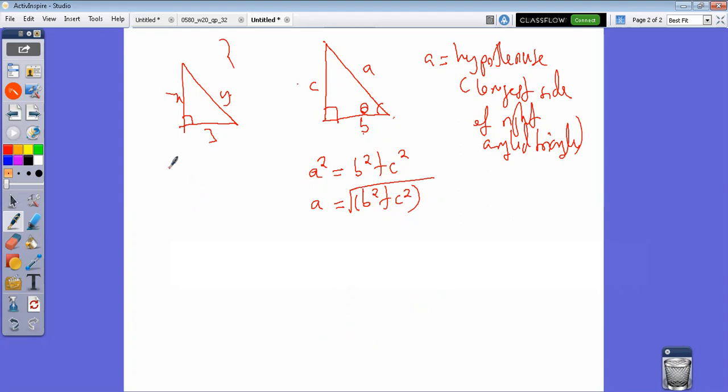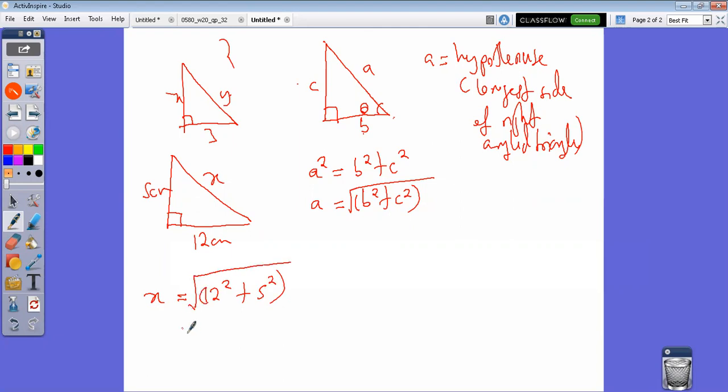So for example, let me write an example here. If I have a right angled triangle like this, let's say this is 12 centimeters, this is 5 centimeters. For me to find this side here, x is going to be the square root of 12 squared plus 5 squared. Then use your calculator.